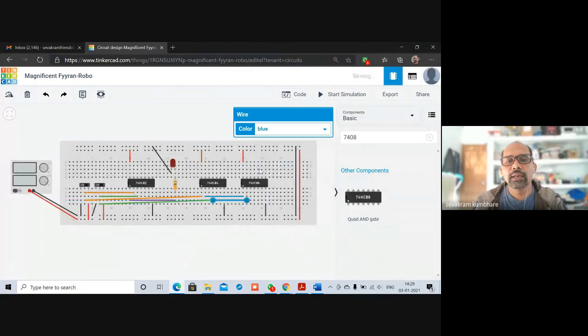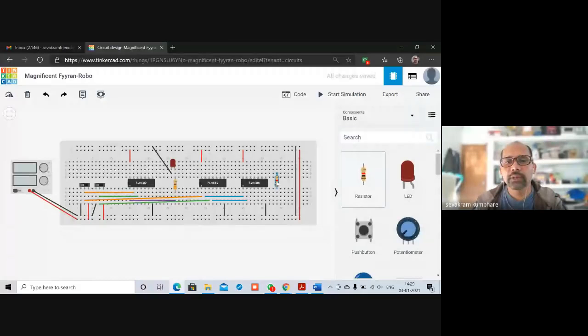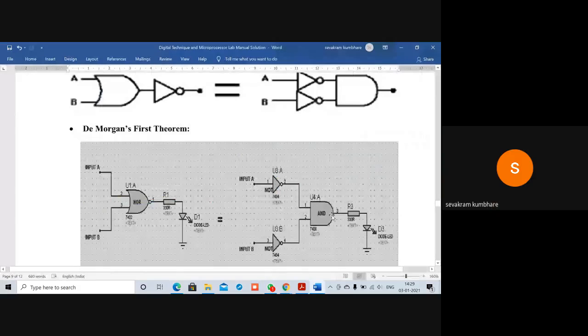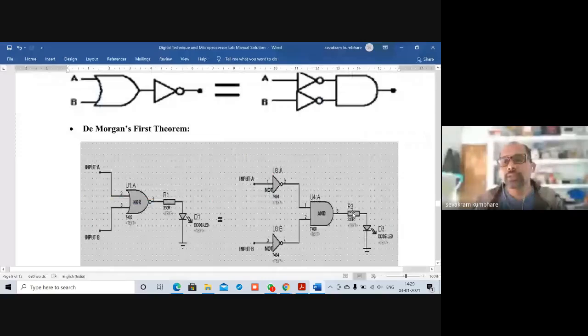Now pin number 3 is connected to a resistor. So I'm going to take a resistor over here and keep it here, and pin number 3 is connected to the resistor, and the resistor is connected to the anode of an LED.